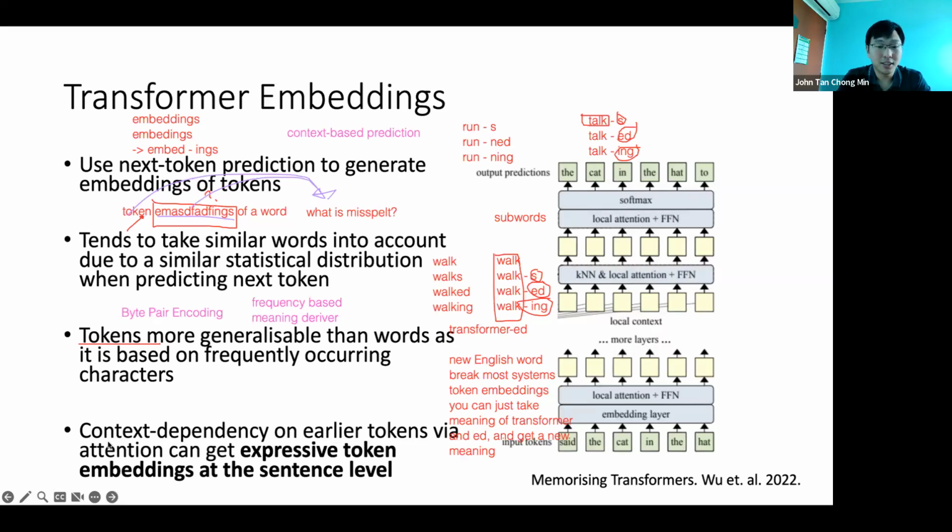The last point is context dependency, the key thing I was talking about earlier: you can use the earlier context tokens to guide you in predicting the next token. Any questions so far? This is one of the most important slides for today, because this is exactly how the predictive power of a transformer works. The key reason it works so well is the way we get the embeddings and manipulate them to suit different contexts.